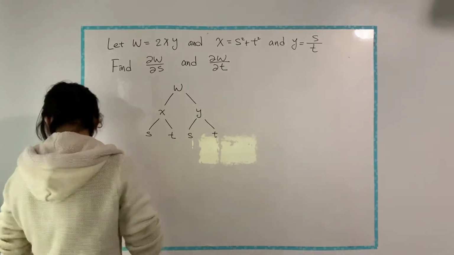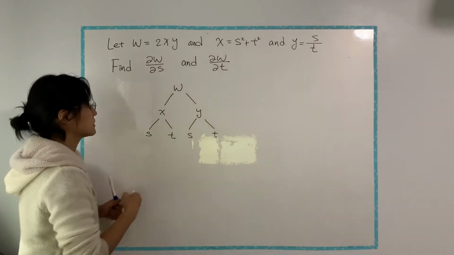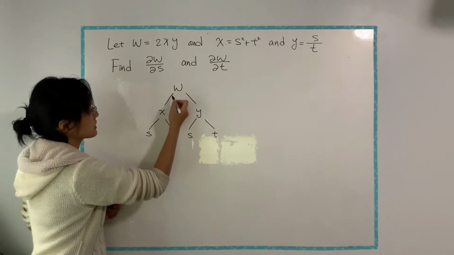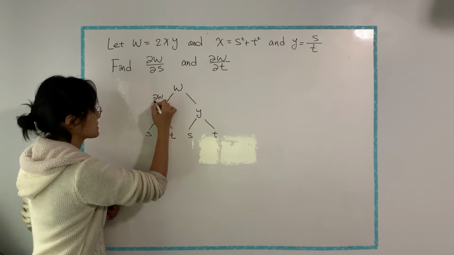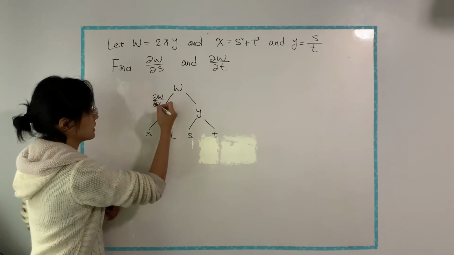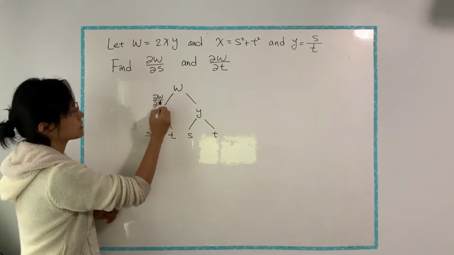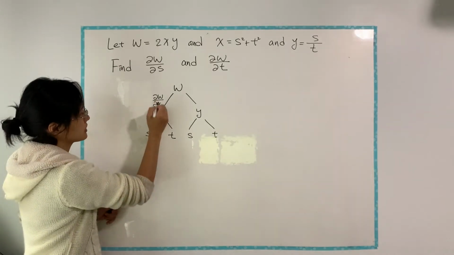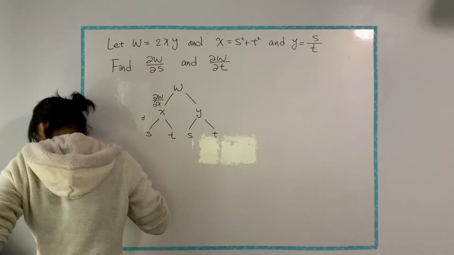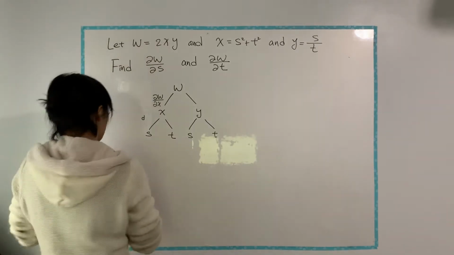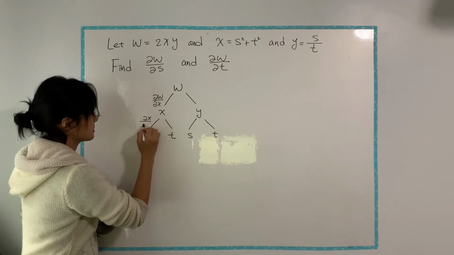And here the stick connecting w to x represents dw dx with the weird partial, or the weird d, and this is dx ds.